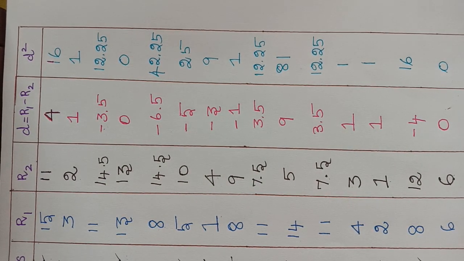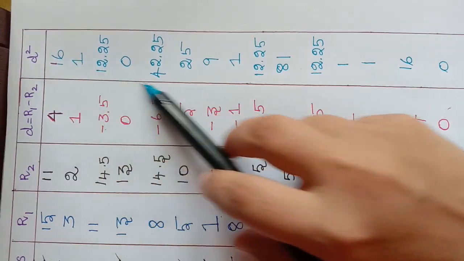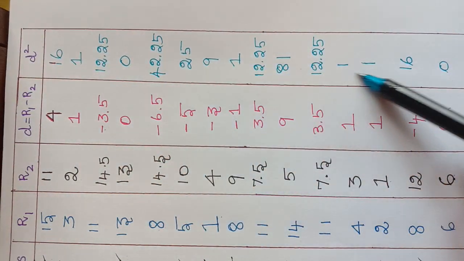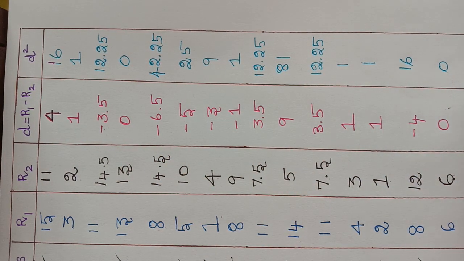So we have obtained all the values of D square. Now we shall add all these values in order to find summation D square.